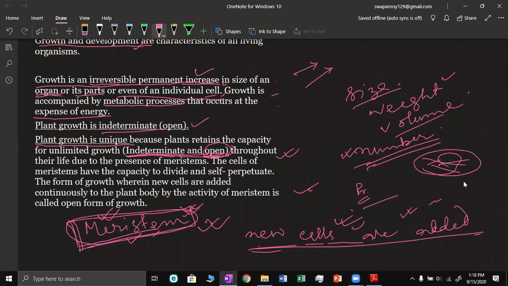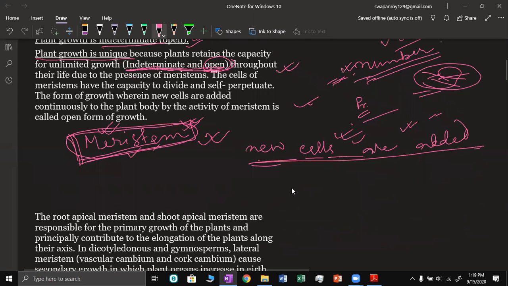But in most plants there is no definite number of organs. The number of leaves is not fixed, the number of branches is not fixed. So this is indefinite. In animals it is definite; in plants it is indeterminate and open.